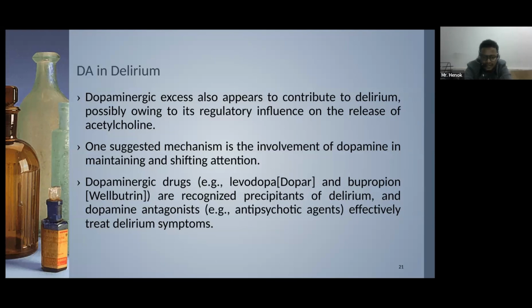These are recognized precipitants of delirium. And the other one is dopamine antagonist medications, like antipsychotic agents, which effectively treat delirium symptoms. So these findings support the theory that dopamine is involved in delirium.